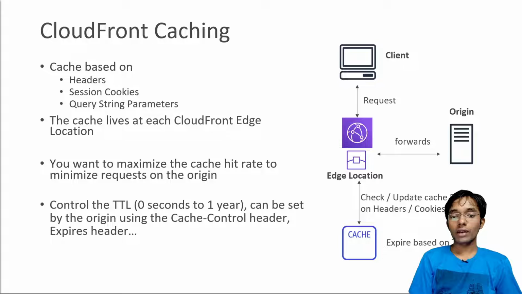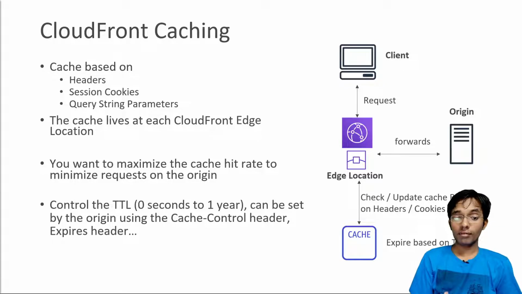So here is the anatomy of the request that CloudFront makes. It may include headers, it may include session cookies and query string parameters. CloudFront is going to be set up so that it can check or update the cache based on the headers, the cookies, and also look for the TTL and see if the files are updated in the cache.